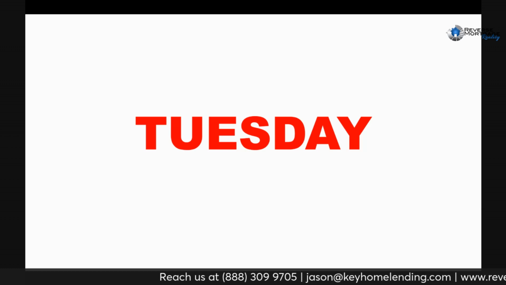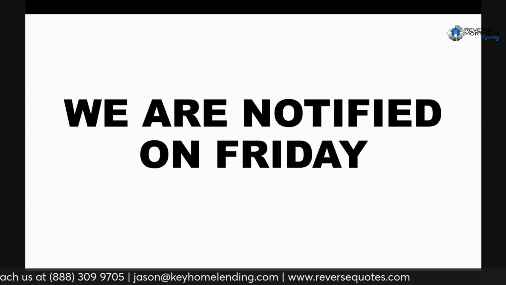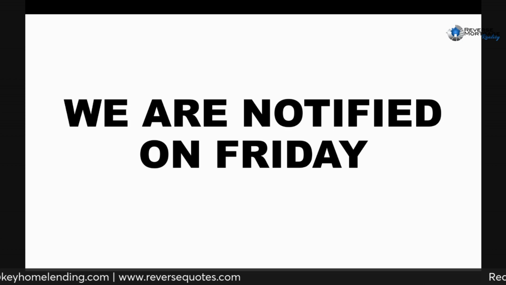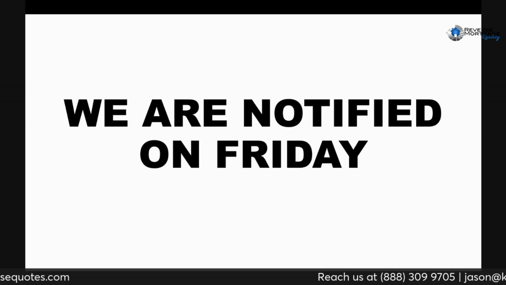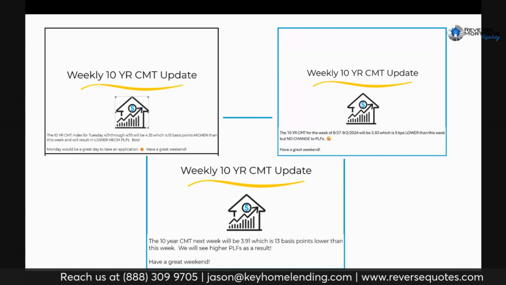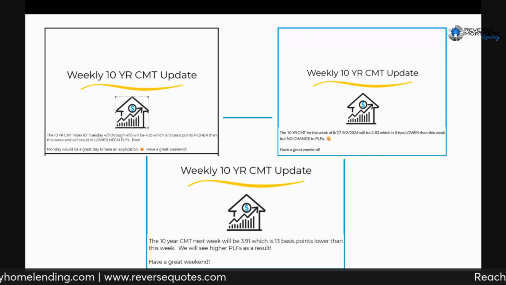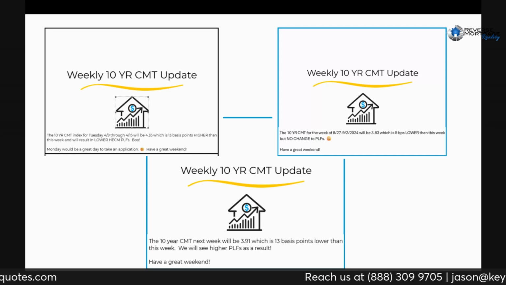I'm sorry. So we get notified of this by our investors on Fridays. On Friday, I was notified that the rates aren't going to move. And I'll show you what the notification looks like. It's nothing fancy. You'll see 3 of them up here. One says, and this is back from April, that the 10-year CMT was going up, which means lower HECM PLFs.